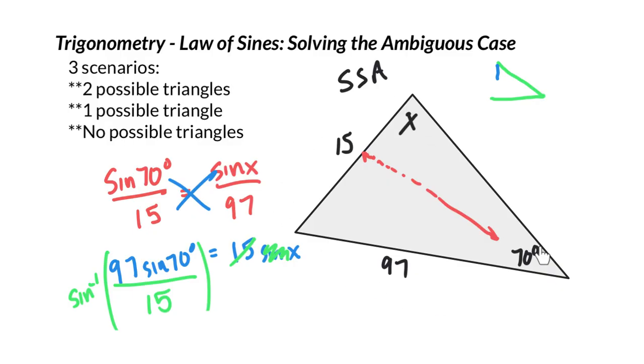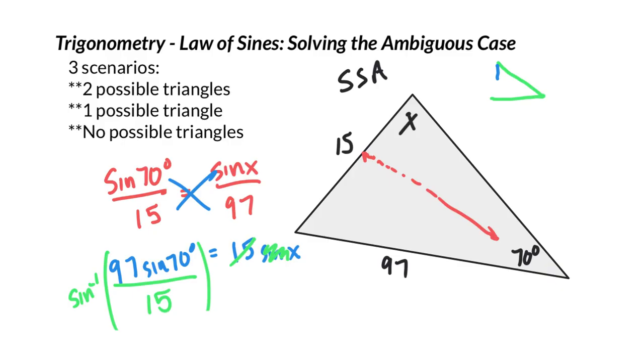That's what happened here. 15 wasn't long enough to make a real triangle. Now, if the other side was 97 and this was 70 degrees, I create a non-closed-up shape. It's not even a real geometric shape. So this is an easier one to spot because you literally get to the end after doing your calculations and you're like, oh, it wasn't even possible. I ended up with a side length that was too short to even make a triangle.